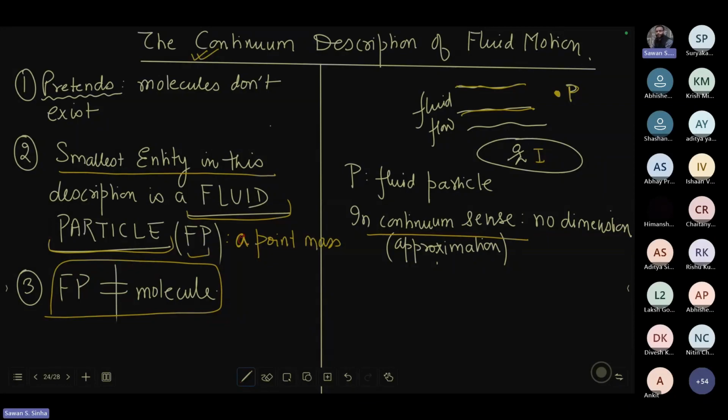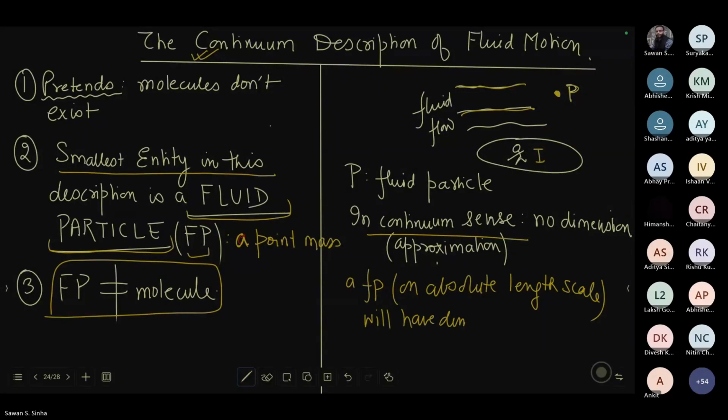And that dimension on absolute length scale would be like 10 to minus 4 meter cube, and then I will put a number here, eta, where eta is close to 1.